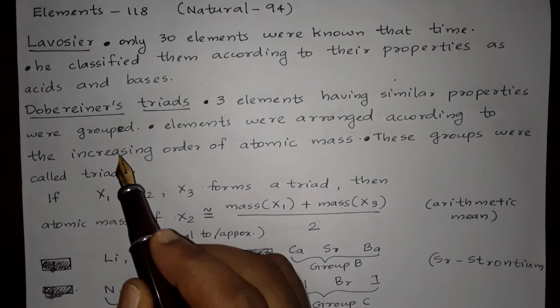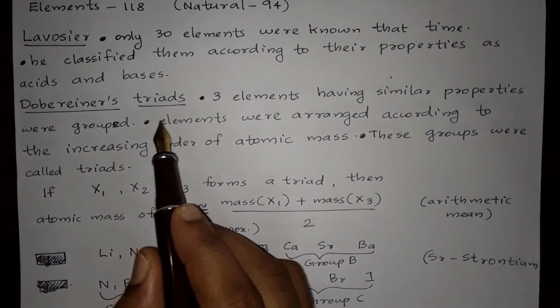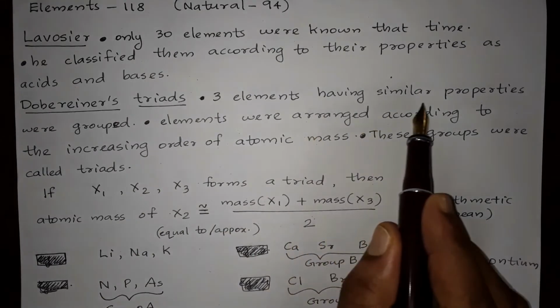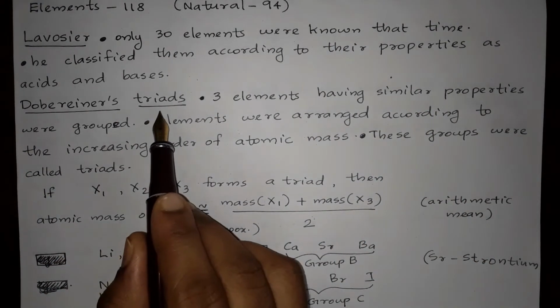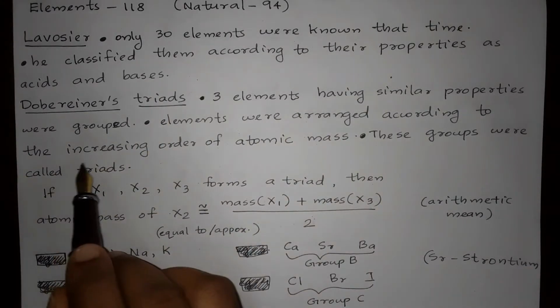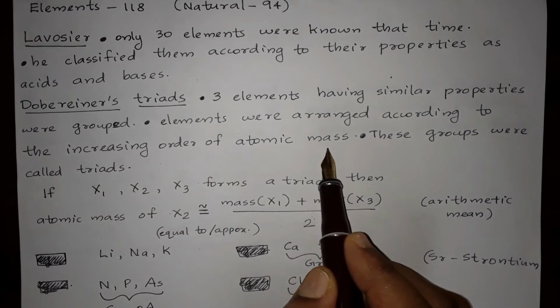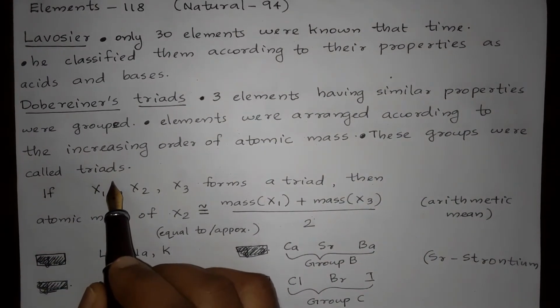Then comes Dobereiner's triads. Okay, 3 elements having similar properties were grouped in this mode of classification. Elements were arranged according to the increasing order of atomic mass. These groups were called triads.